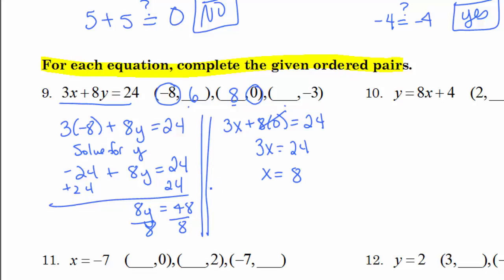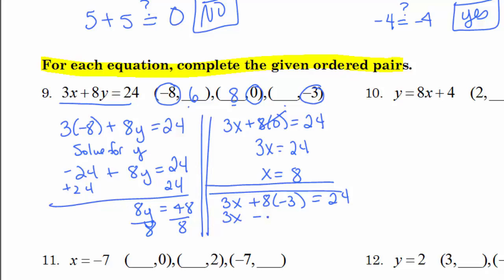The last one, I might not have a lot of room. I'm going to do it anyway. I'm putting negative 3 in for what letter? I'm sorry, y. So we have 3x plus 8 times negative 3 equals 24. 3x minus 24 equals 24.